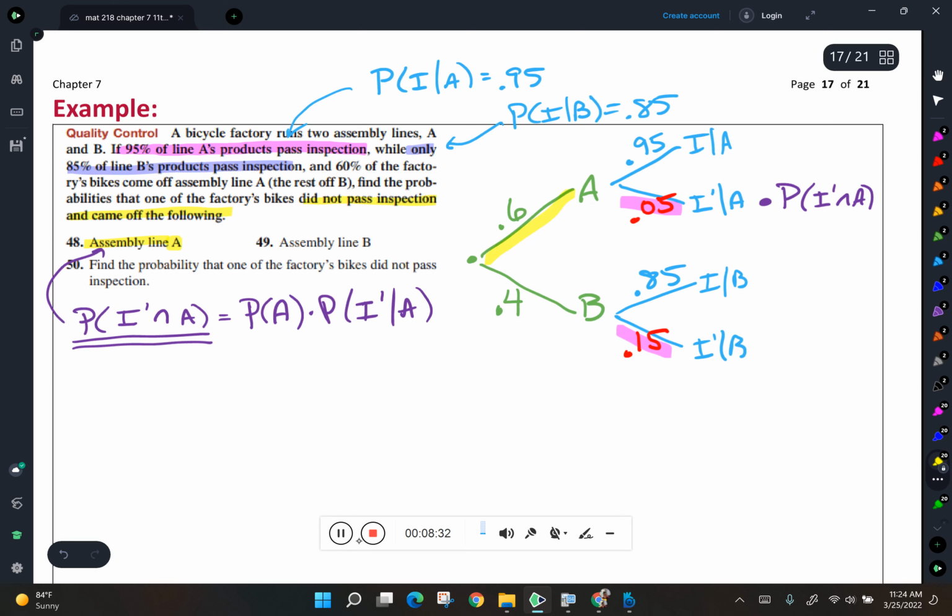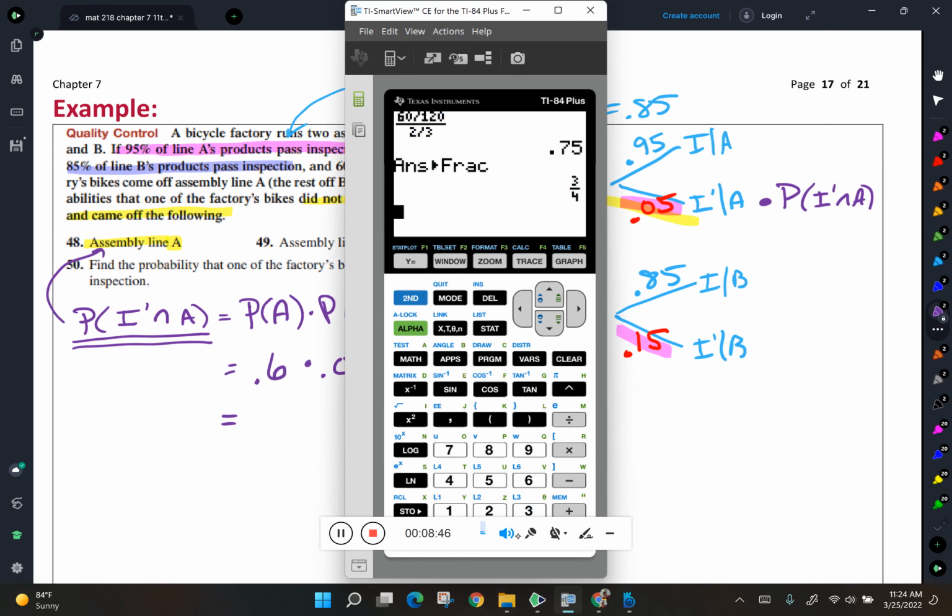It's going down this branch and then going down that branch. All right? So that's going to be that 0.6 times that 0.05.